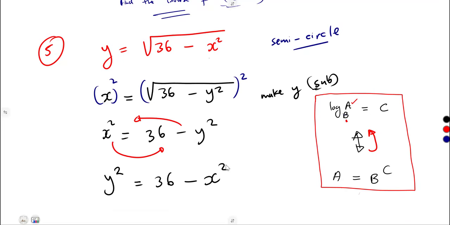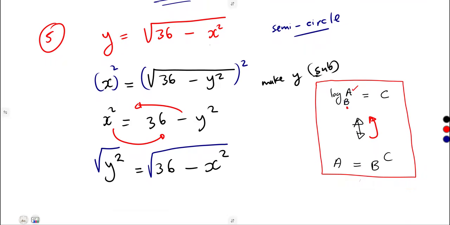But what we need there is to find y. We need to find y to make y the subject. So we have to introduce the square root. If we introduce the square root, it's going to go back to the original one. I want you to see y is equal to the square root of this. So this was of y.